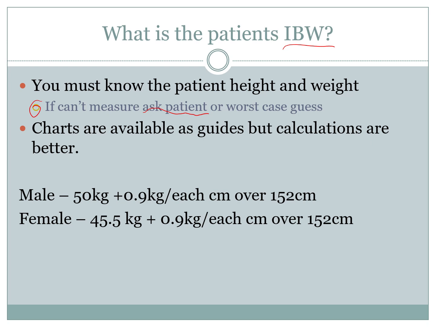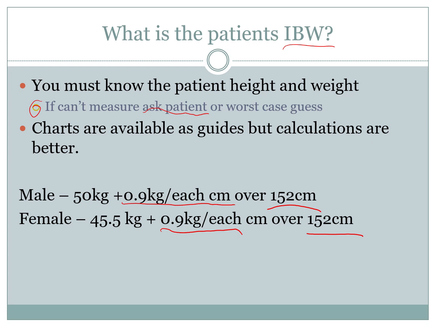Now, there are a bunch of charts available and guides for aiding in calculations. They generally do it as the 5 centimeter ruling as it goes along, but the equation for men and women when you're dealing with ideal body weight, you have the same starting height, which is 152 centimeters, and then you add 0.9 kilograms for every centimeter over that.